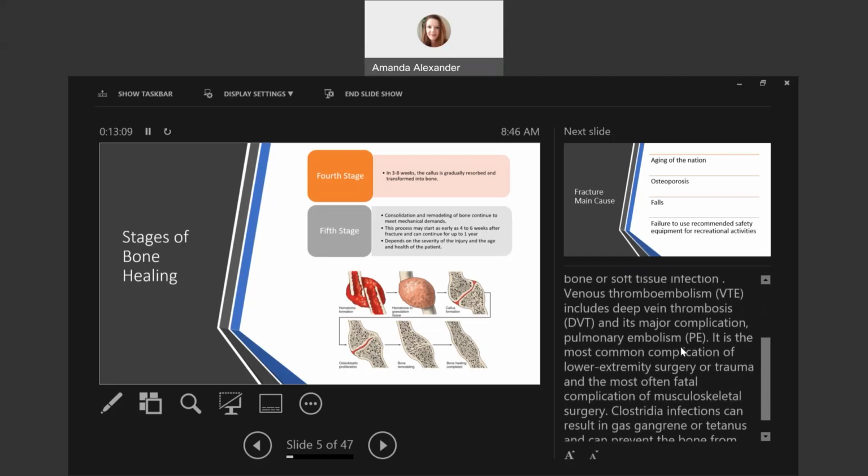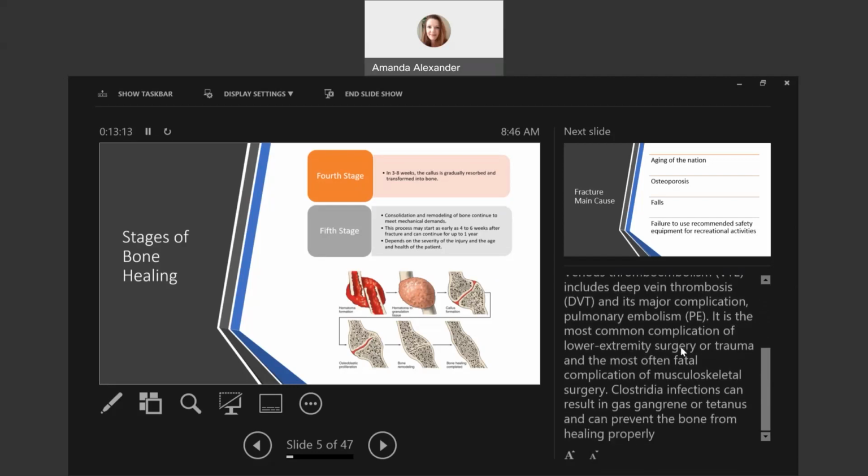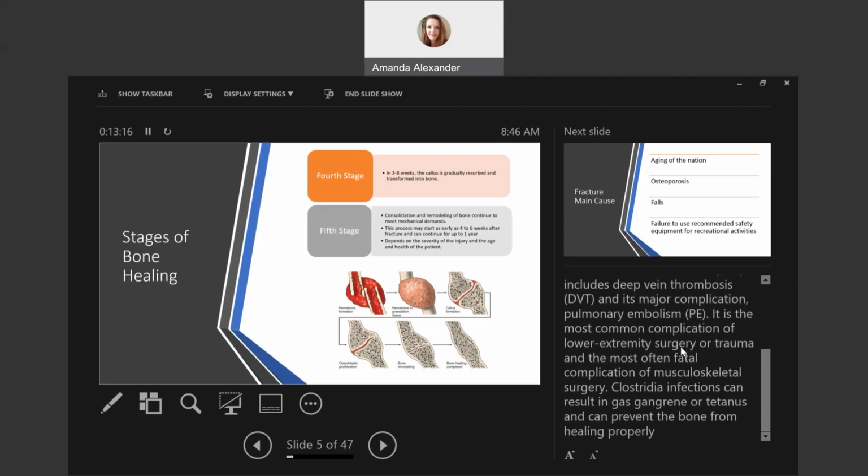Venous thrombosis includes deep vein thrombosis and its major complication of pulmonary embolism. It is the most common complication of lower extremity surgery or trauma, and it's most fatal when it comes to pulmonary embolism, okay?